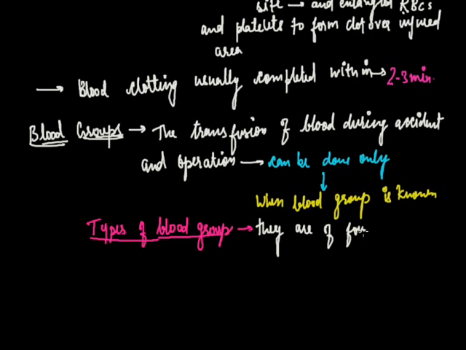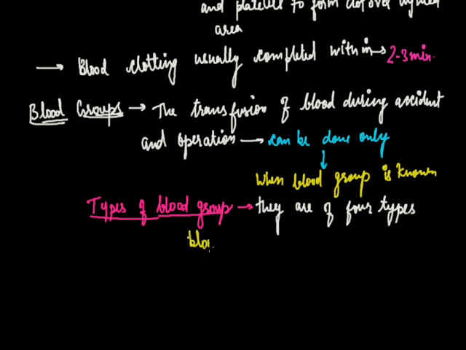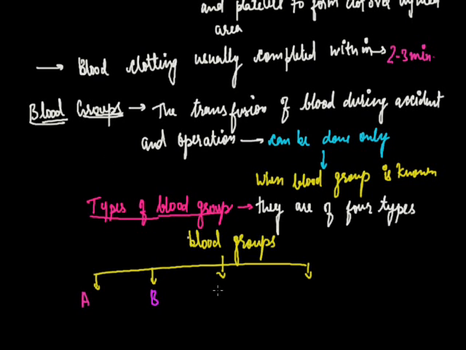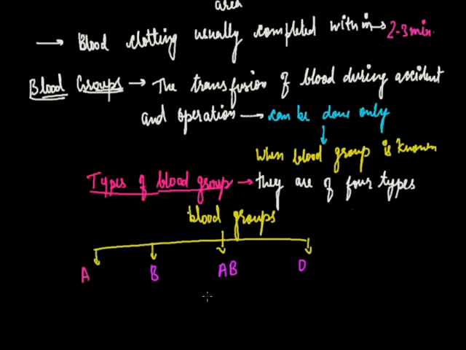They are of four types: blood group A, blood group B, blood group AB, and blood group O. These groups are A, B, AB, and O.